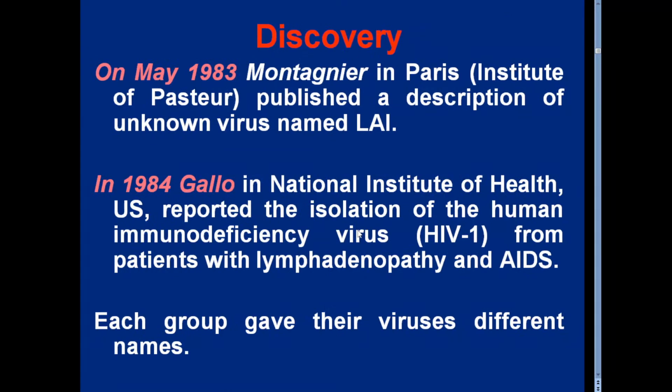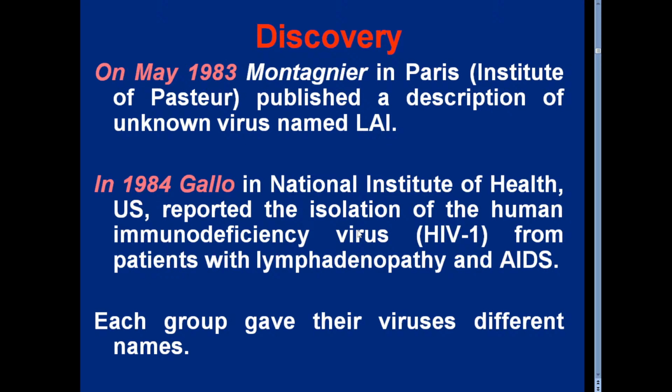Several words about the discovery. In May 1983, Montagnier in Paris, Pasteur Institute, published a description of an unknown virus named LAV. In 1984, Gallo, in the National Institute of Health, US, reported the isolation of the human immunodeficiency virus, HIV-1, from patients with lymphadenopathy and AIDS.